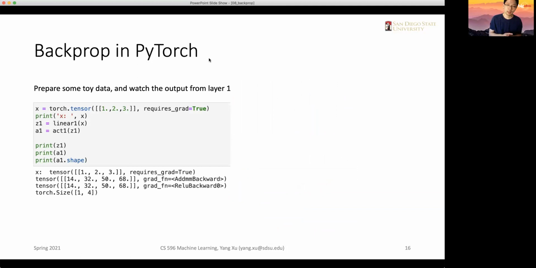After the initialization, we just prepare some data, because the model is ready. The pipeline is there. We're just feeding the data. So it's a very simple toy data set. It's just a 1×3 vector. In this particular case, we did something special, which is to require gradients for this input data.